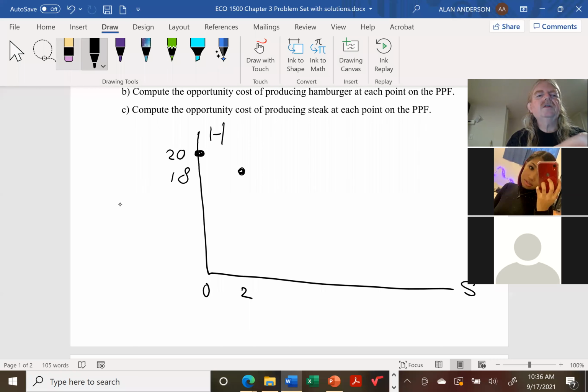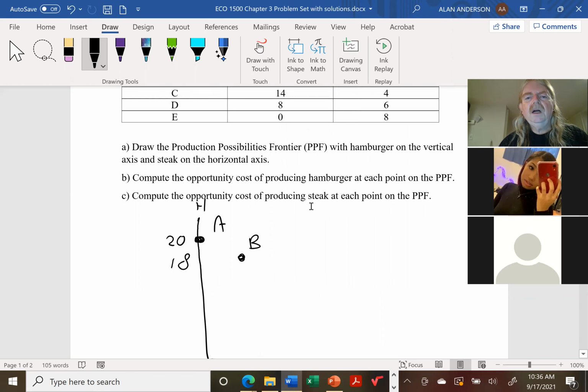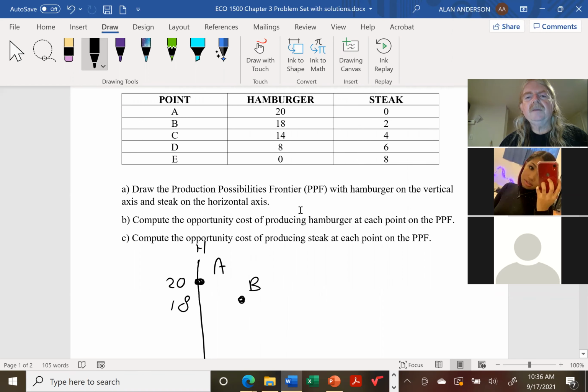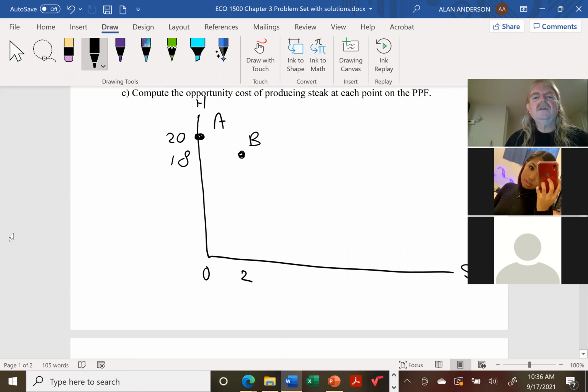And oh, you know, we should label these. This is A, this is B. Now, what we could also do is go to the other extreme, where point E, you have 0 hamburgers and 8 steaks. So let's say that that's going to bring you right about here.